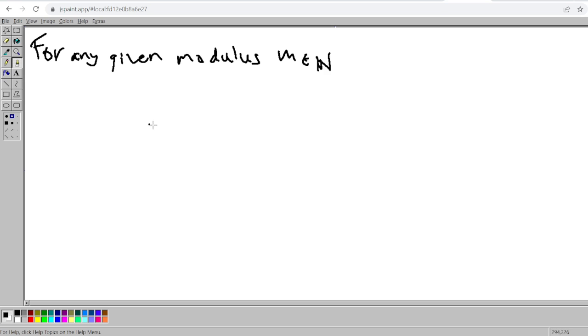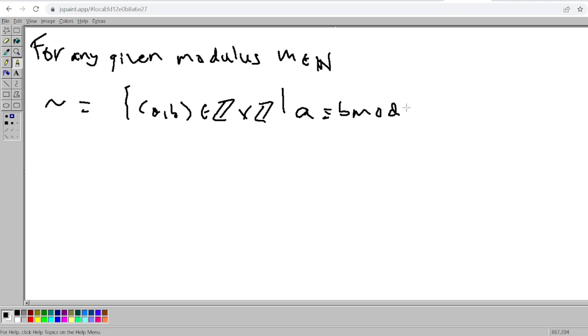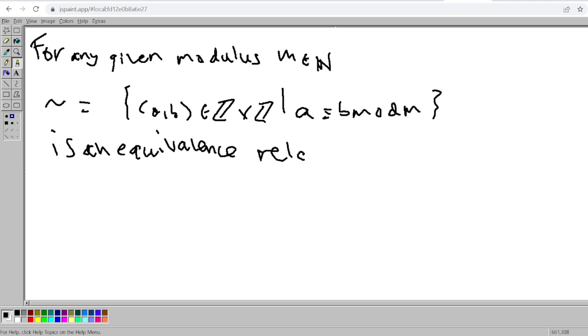We can say that for an ordered pair (a, b) in Z by Z such that a is congruent to b mod m, this is an equivalence relation.